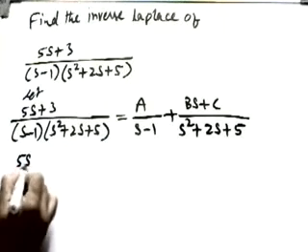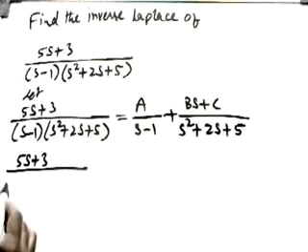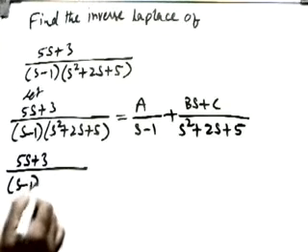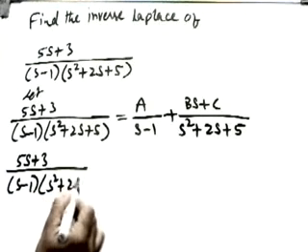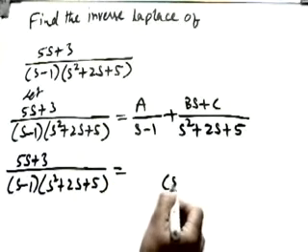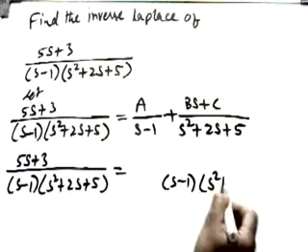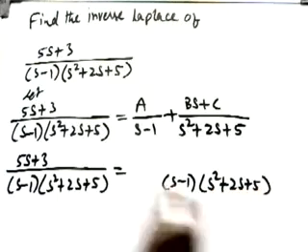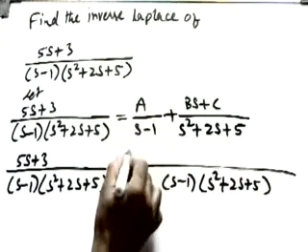So you have to take the LCM here. What is left here? (5s plus 3) divided by (s minus 1) into (s square plus 2s plus 5) equals, let me take the LCM here, (s minus 1) into (s square plus 2s plus 5).